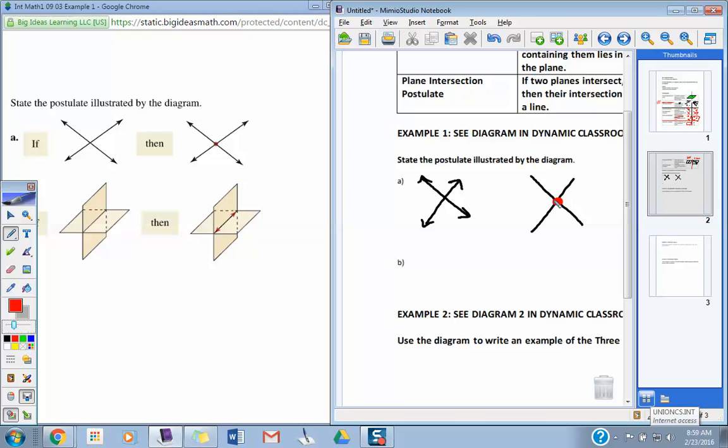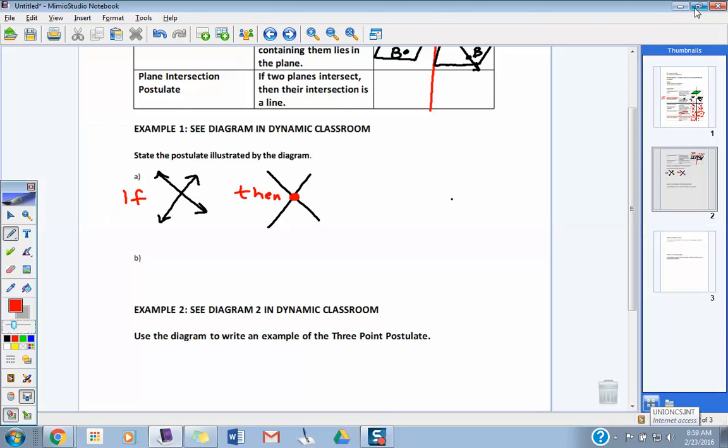If two lines intersect, then they intersect in a point. What did you say that was again, McKenna? Line intersection postulate. Good. Okay, line intersection postulate. That's what you need drawn for part A, right there. Alright?